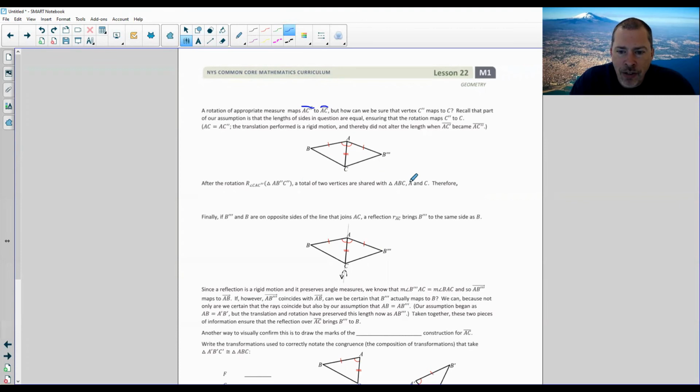Now we have A and A sharing A, and C double prime sharing C. Therefore, finally, if B double prime and B are on opposite sides of the line that joins AC, a reflection R across AC brings B double prime onto B.